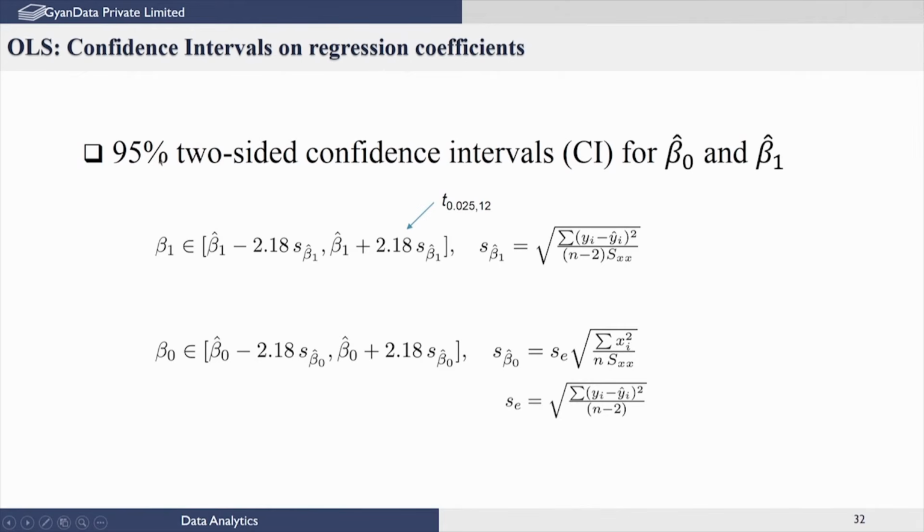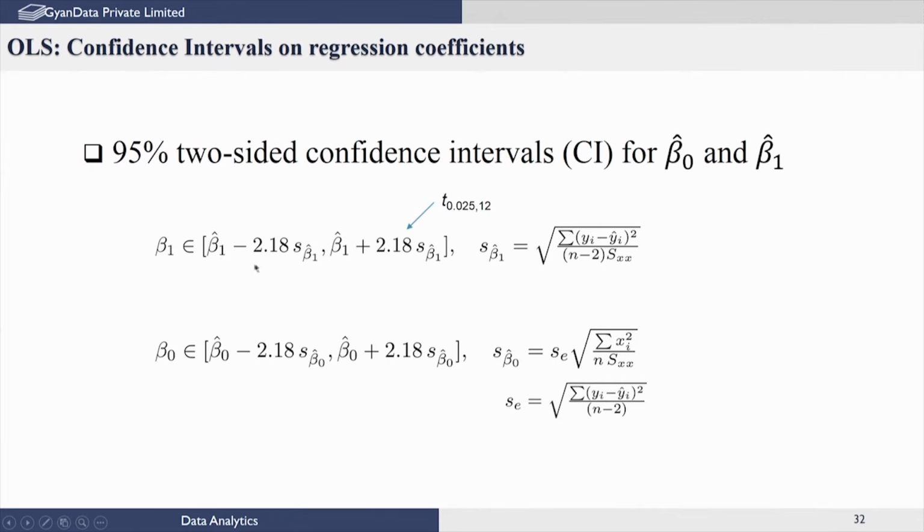So, if we want a 95% confidence interval, also known as CI, and it is two sided because it could be either to the left of the estimated value or to the right of the estimated value, we obtain the 95% confidence interval for beta 1 from its distribution, knowing it is normally distributed with some unknown variance.